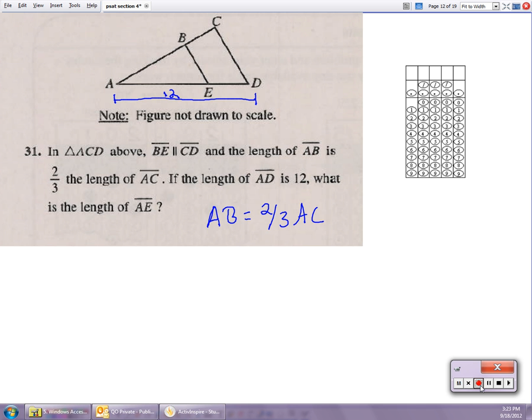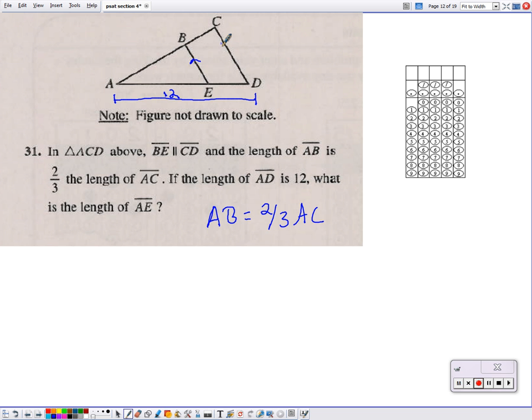Because we are given that BE and CD are parallel, the proportion of AB to AC is going to be the same as the proportion of AE to AD. So that means that, because we have similar triangles here, these parallel lines create consecutive angles that are congruent.